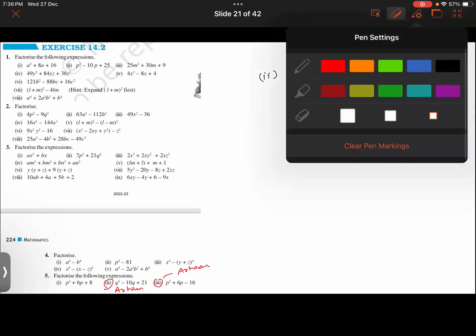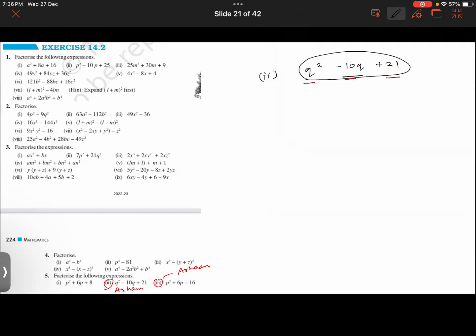See, can I write minus 10q as minus 3q minus 7q? Also, looking at 21, 21 can be written as 7 times 3, right?